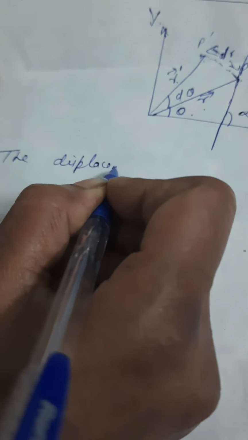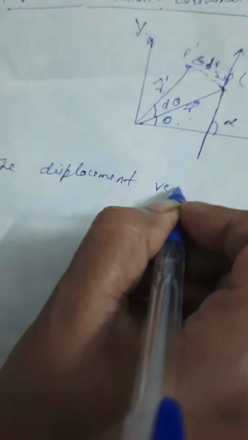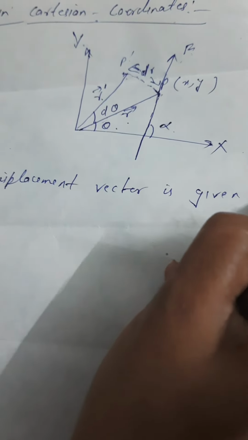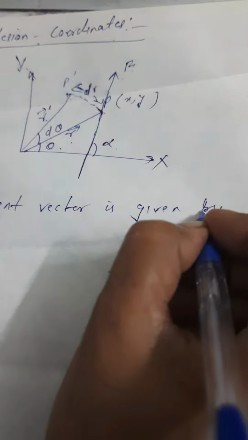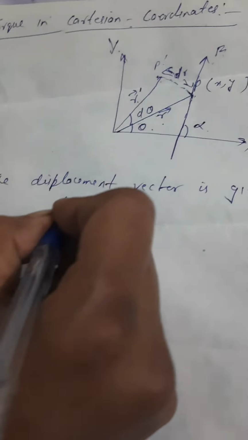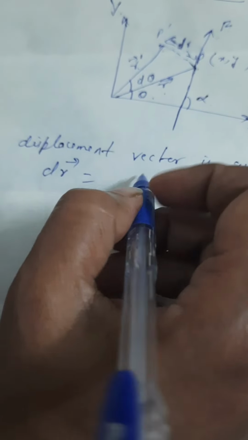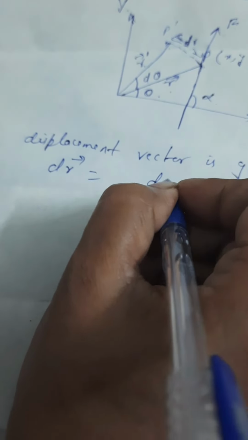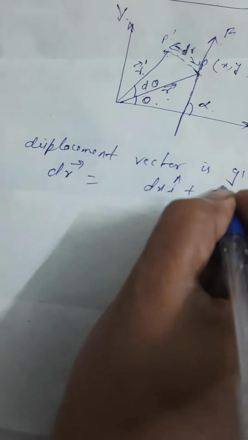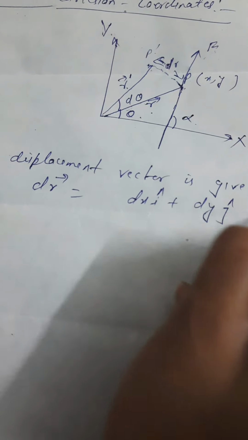The displacement vector dr is given by dx i cap plus dy j cap.